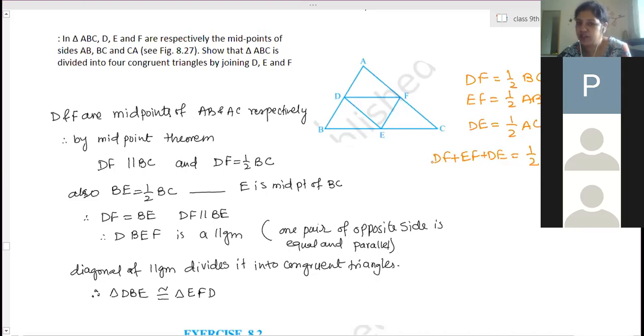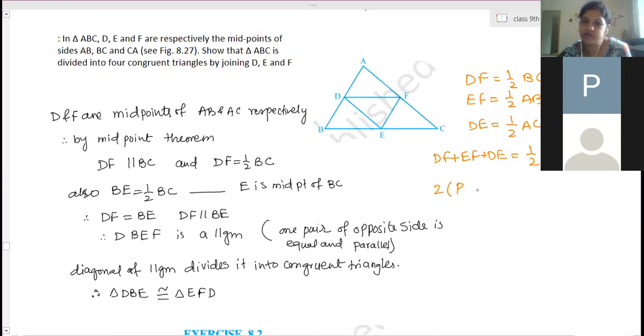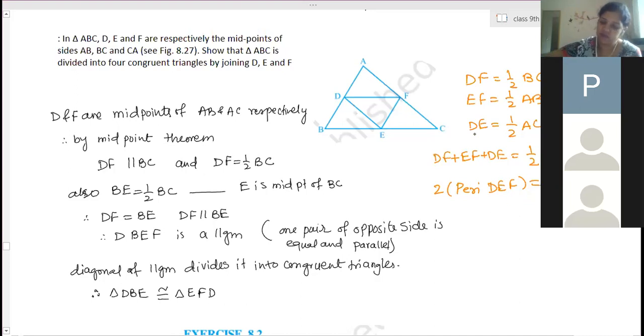This is half, so it will go 2 into perimeter of DEF is equal to perimeter of ABC. ABC is outside and DEF is inside. And now in your given 27th question, ABC is the small one and PQR is the big one, outside one. Clear? Yes, ma'am.